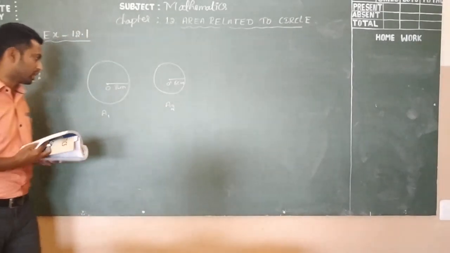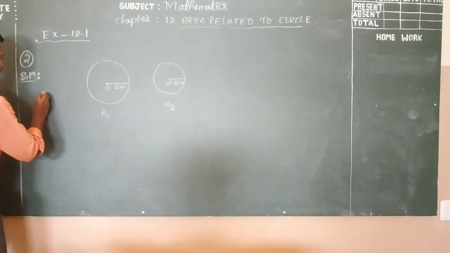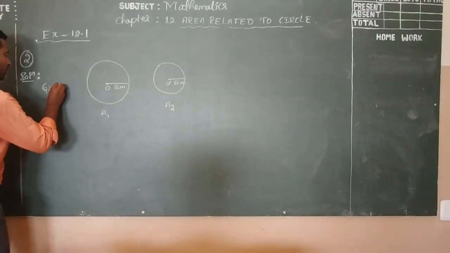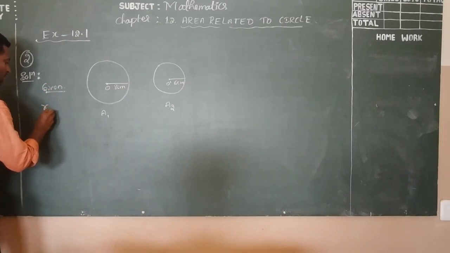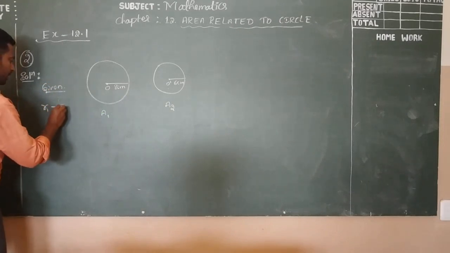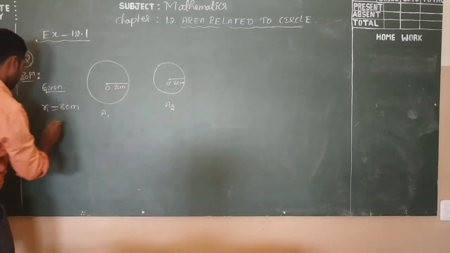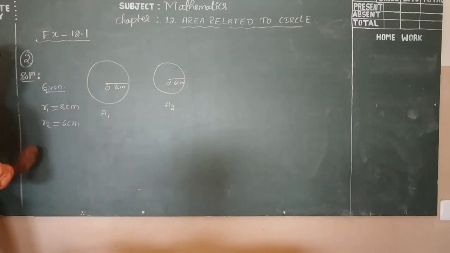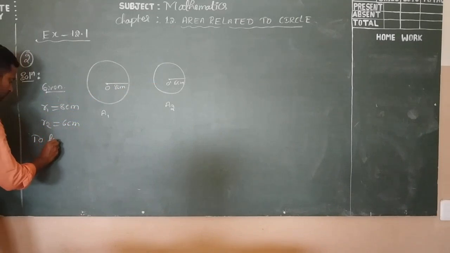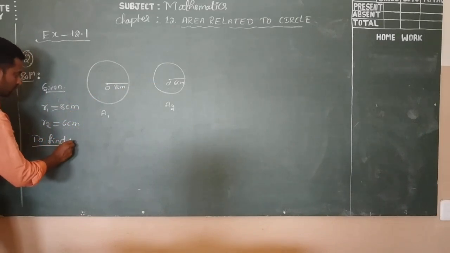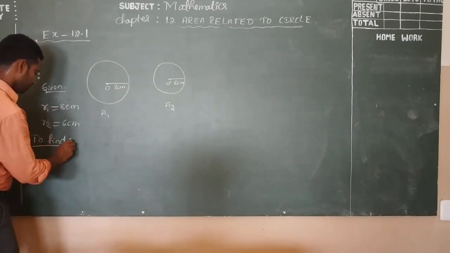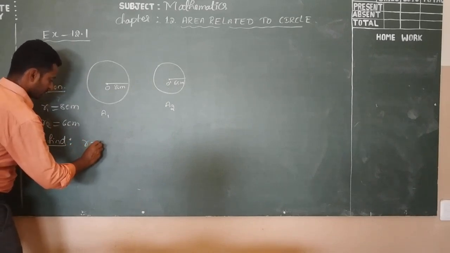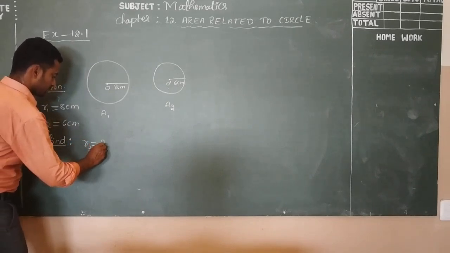Areas of these two circles means what? See here, given R1 is 8 centimeter and R2 is 6 centimeter. To find the radius of the third circle.